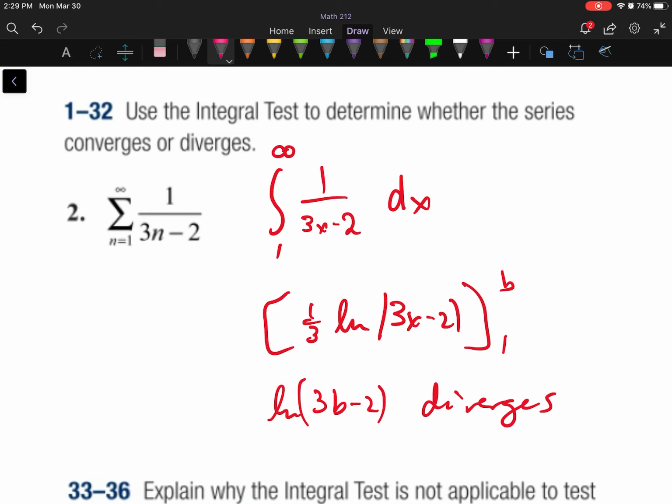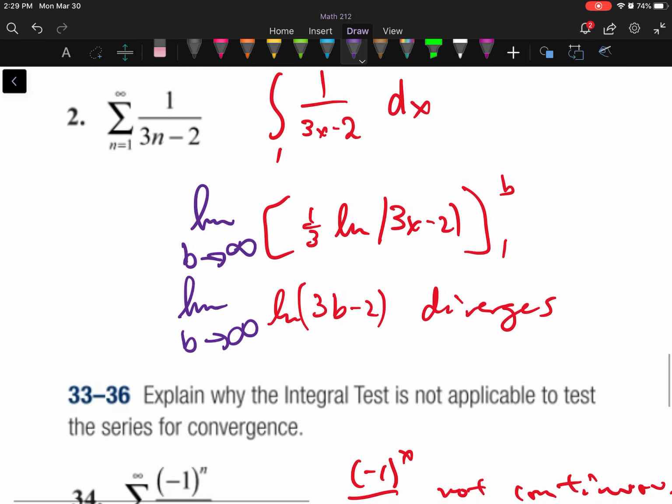If I was being good, I would write, the limit as b approaches infinity here. There we go. But yeah, the natural log diverges, even though it diverges slowly. Cool.